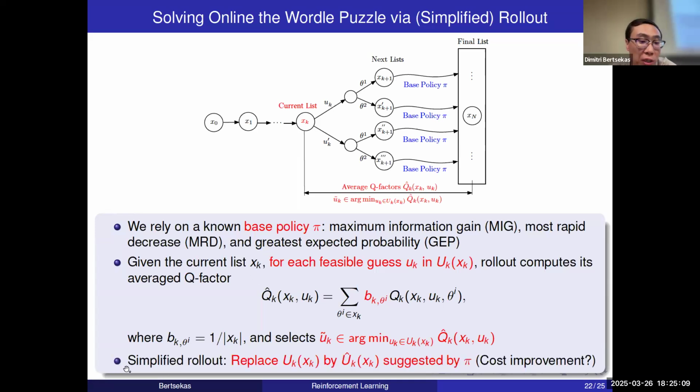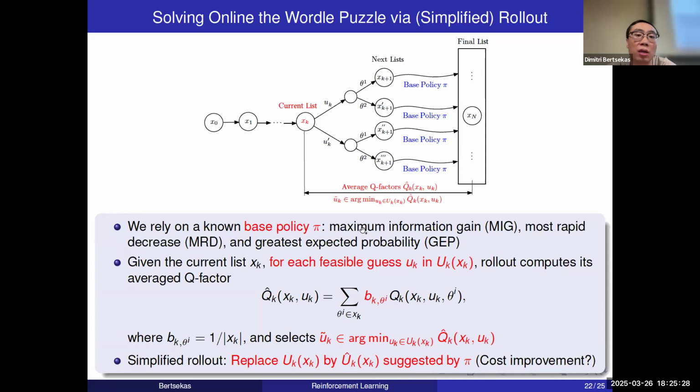Therefore, it's reasonable to consider simplifying the rollout. Instead of considering all the feasible controls, you consider only a subset of feasible controls suggested by the same base policy.